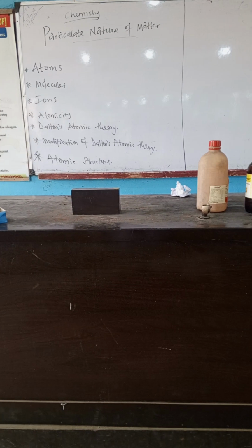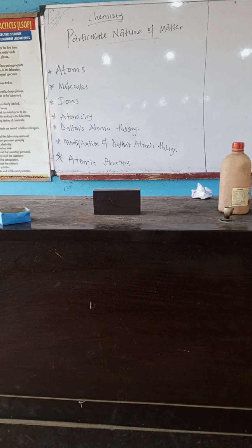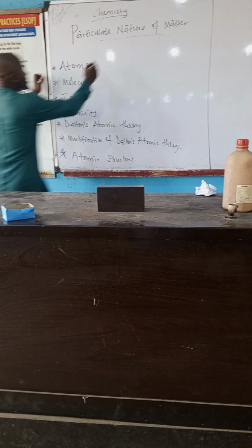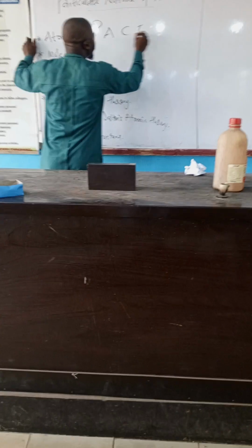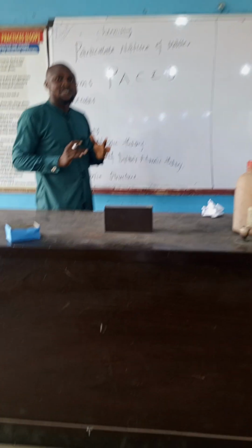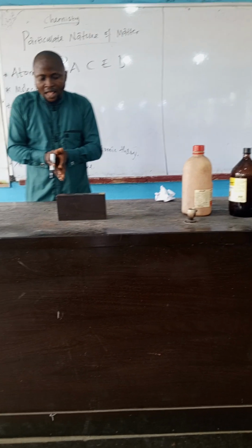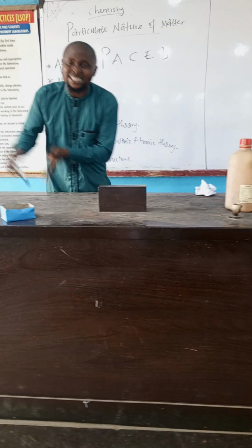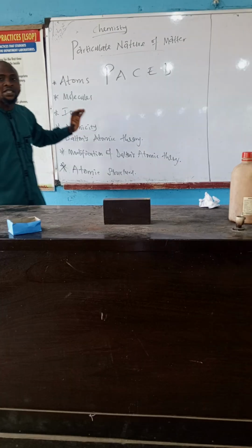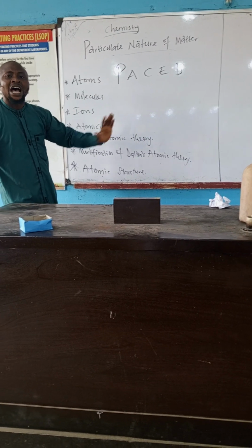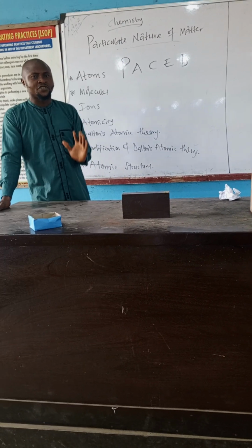So, Dalton's atomic theory, like I said, is codified into this word, probably because John Dalton in 1808 is somebody who set the pace. He's the first person to set the pace as far as atomic theory is concerned.